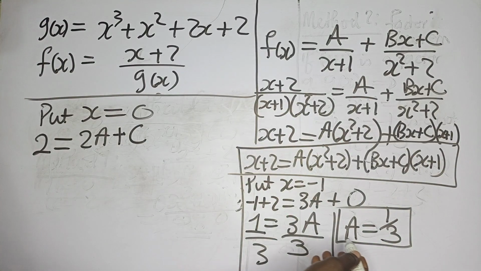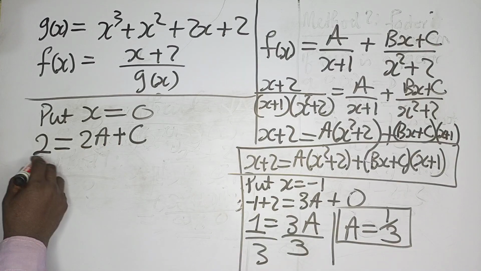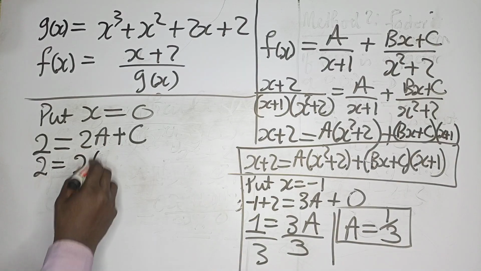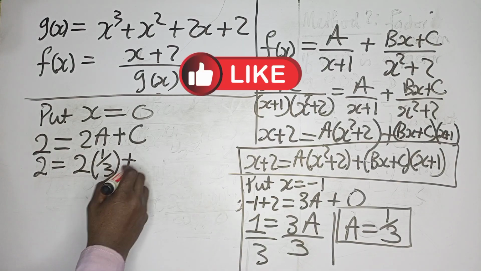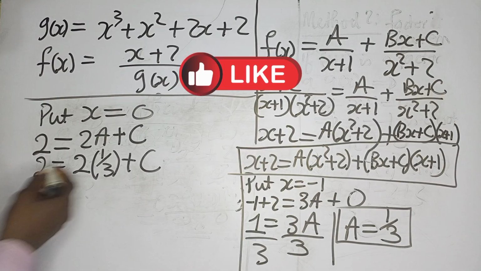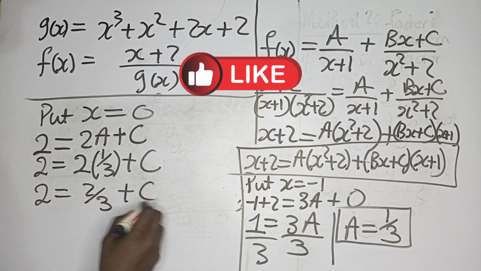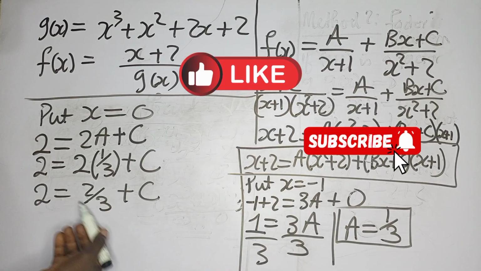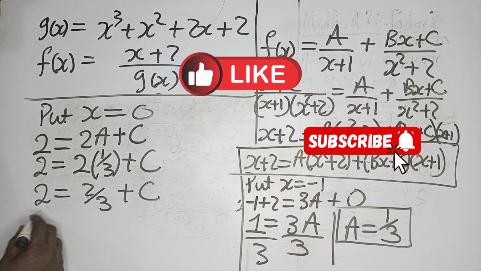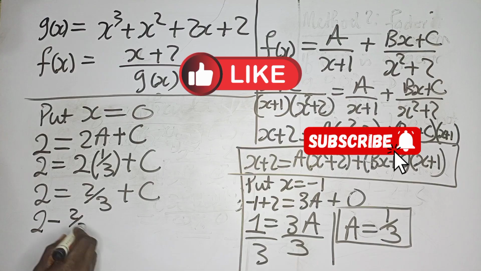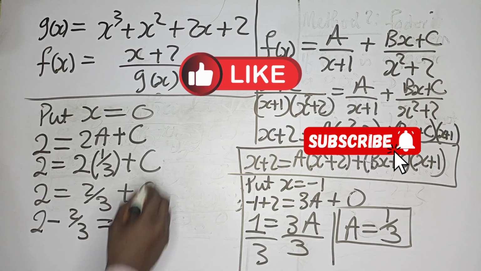All right, and we know a. A is 1/3. We'll put it there. 2 is equal to 2 into 1/3 plus c. 2 multiplied to 1/3 gives us 2/3. So to get c, we simply carry this one from the right hand side to the left hand side. So we'll have 2 minus 2/3 will give us c.